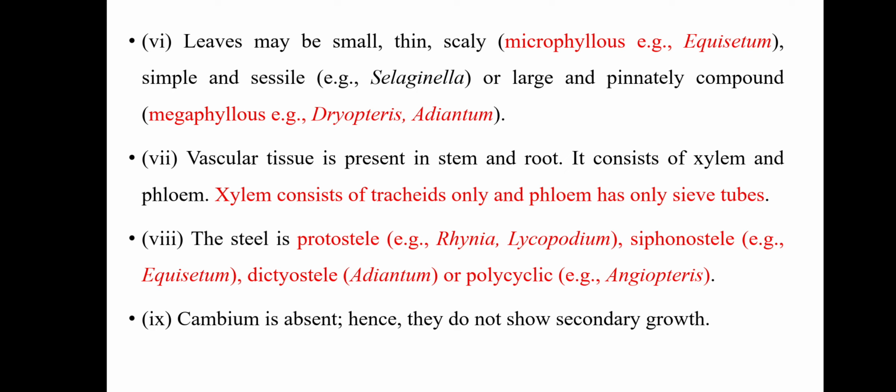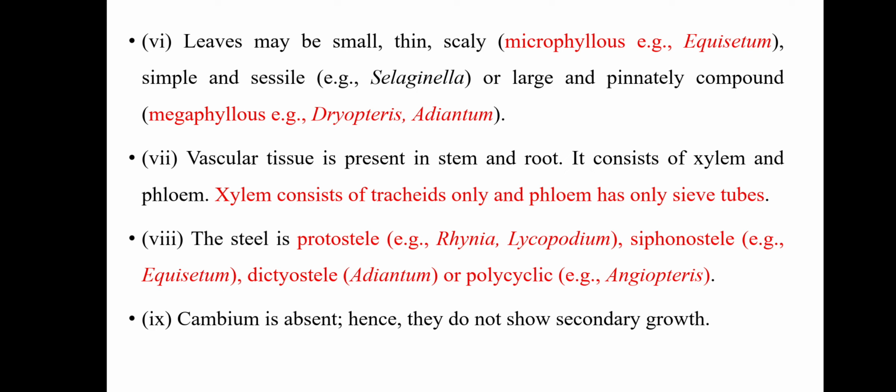Vascular tissue is present in the stem as well as in the root. It consists of xylem and phloem. Xylem consists of tracheids only, and phloem has only sieve tubes. The stele is protostele. Protostele is the most primitive type of stele. I will upload a video about stelar evolution.